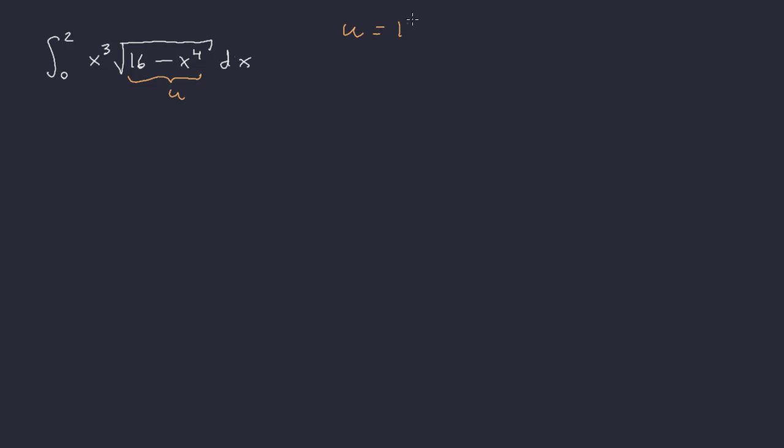So we let u be 16 minus x to the 4th, then du is going to be negative 4x cubed dx. All right, and so this one I'll go ahead and do the division, du over negative 4x cubed. I'll bring the negative outside. That's equal to dx.